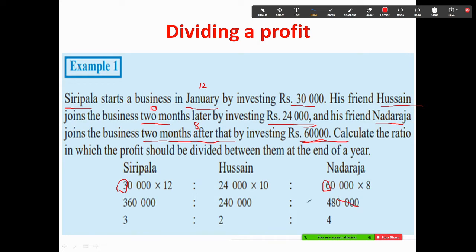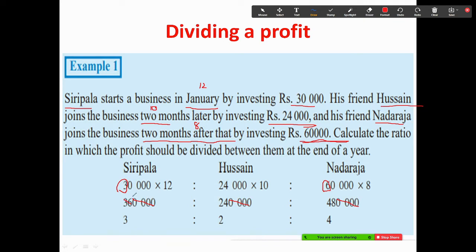Cut the common zeros from all the 3. Then here 36 remains, here 24 remains, here 48 remains. All the 36, 24 and 48 are divisible by 12.